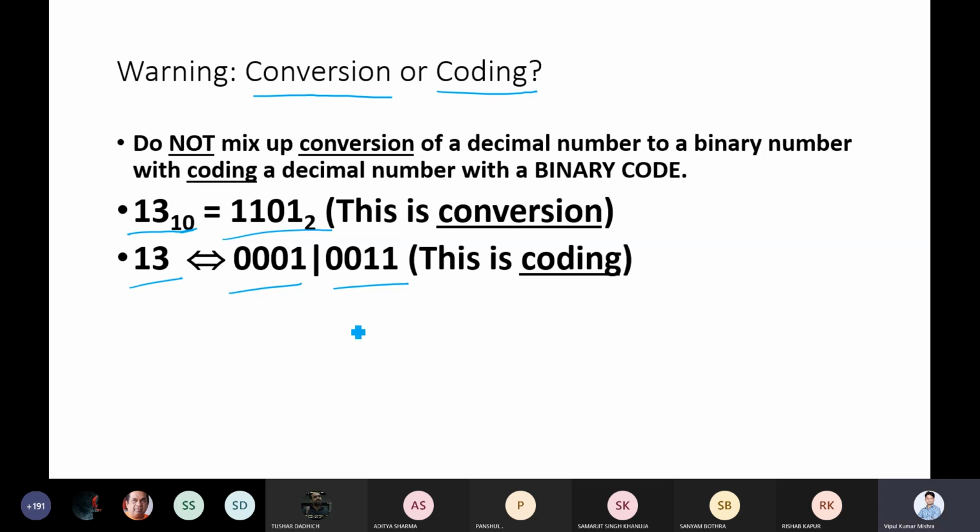Once you say I want to convert from binary to octal or decimal to binary, that is conversion. That is not coding. Getting? So don't be confused between coding and conversion. Coding means every number you are representing in a different format. That is the coding. But if you convert from one system to another system, that is conversion.